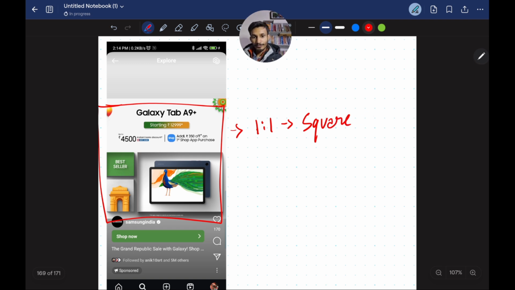And squares are the perfect aspect ratio if you want to show your ad in the main feed, because in the main feed no part of your advertisement would be cutting off, right?